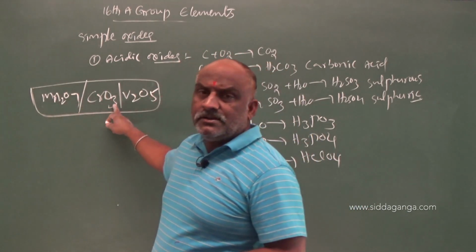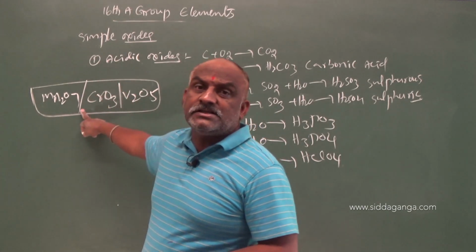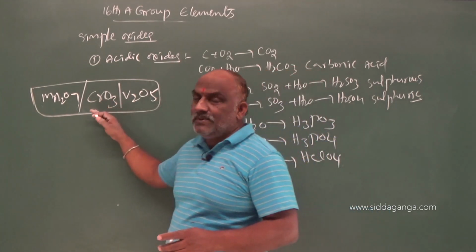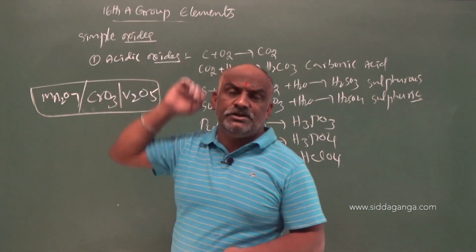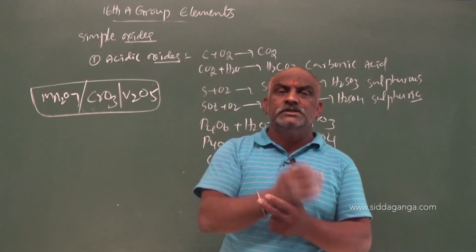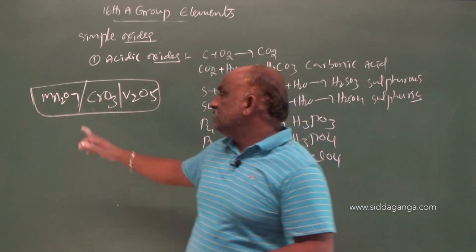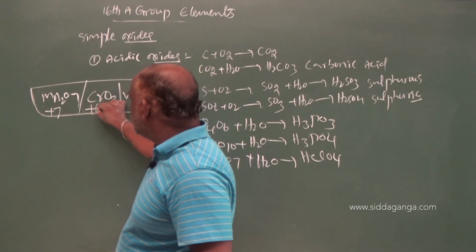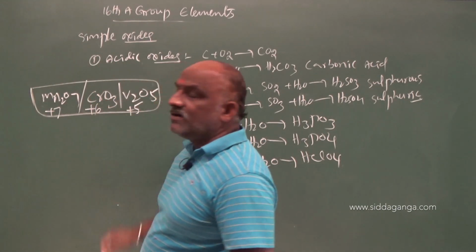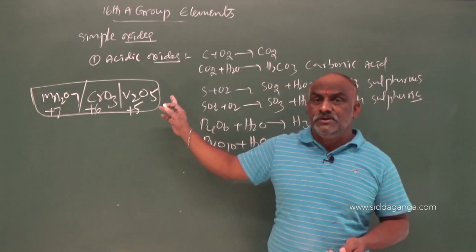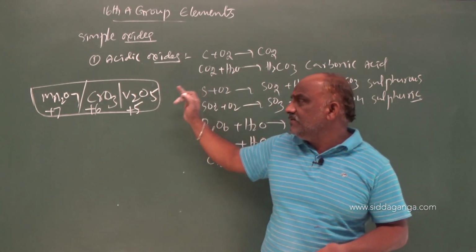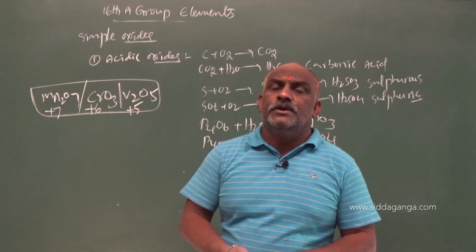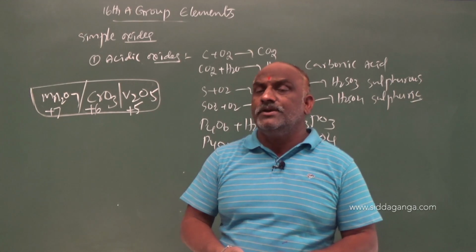These are metals, but the behavior of these oxides is also acidic in nature, because in these examples the metal exhibits a higher oxidation number. Manganese exhibits +7 oxidation, chromium +6, and vanadium +5. This is an exception and a very important point, so make a note.